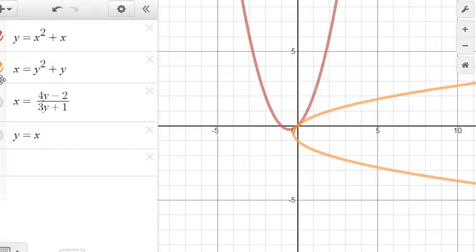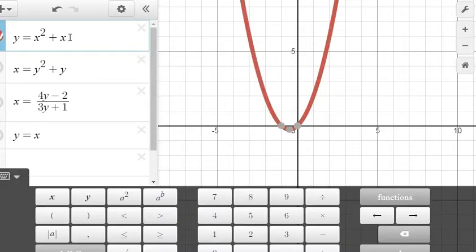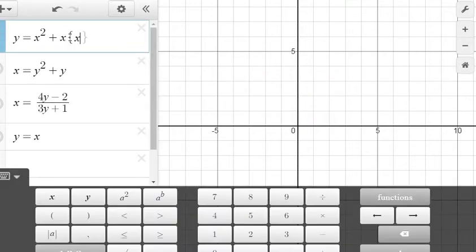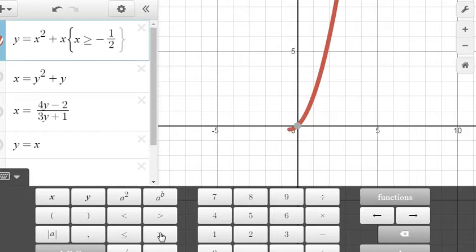But before we do that, let's actually take care of the problem as it stands in problem number, what was it, 68? 62. All right, so 62. And really they put a little restriction here, that x has to be greater than or equal to negative 1/2. So it's kind of like the restrictions that you had with your piecewise functions.